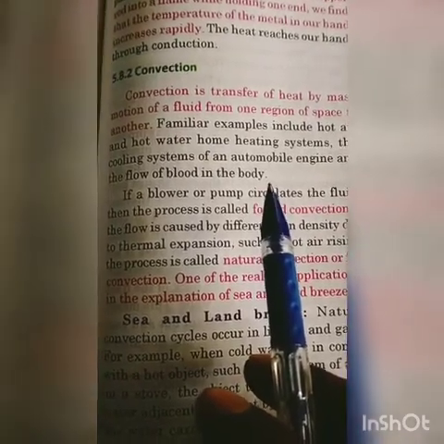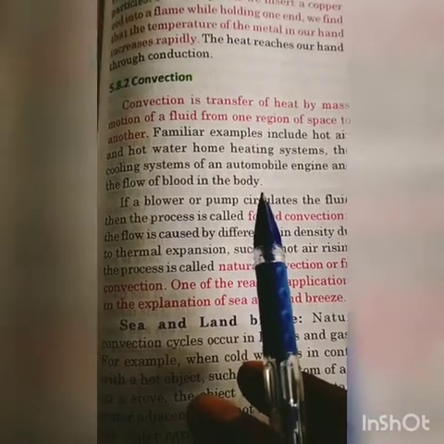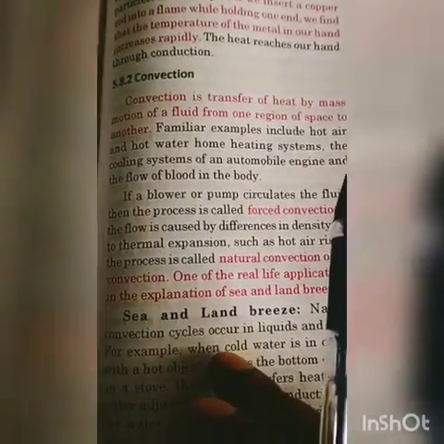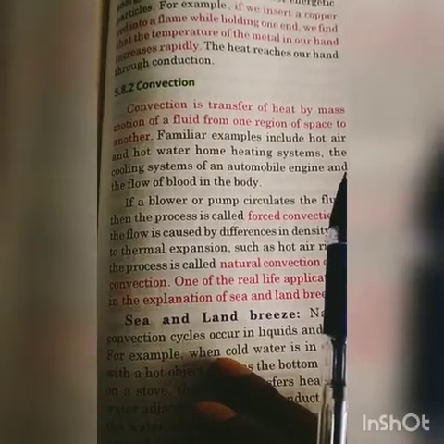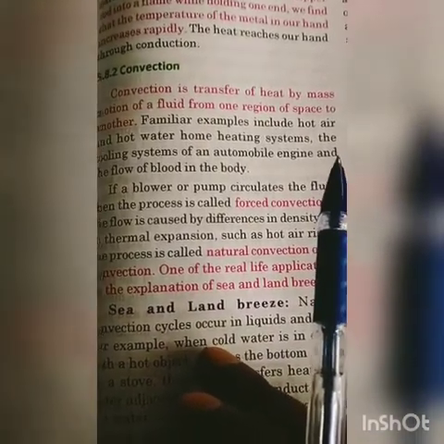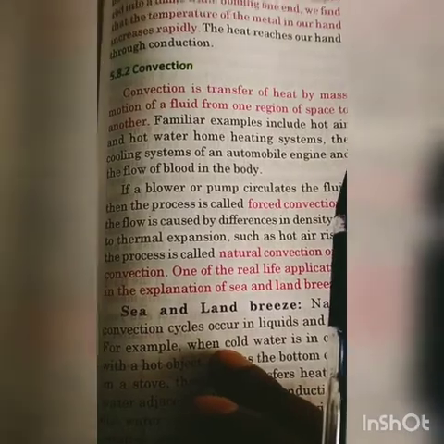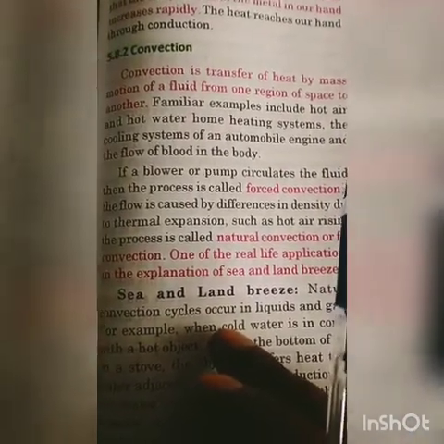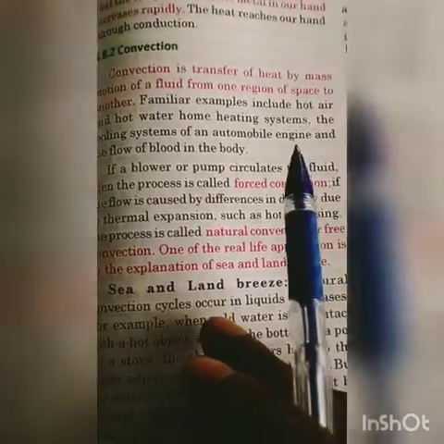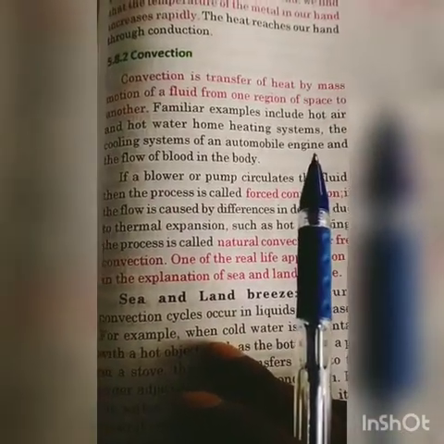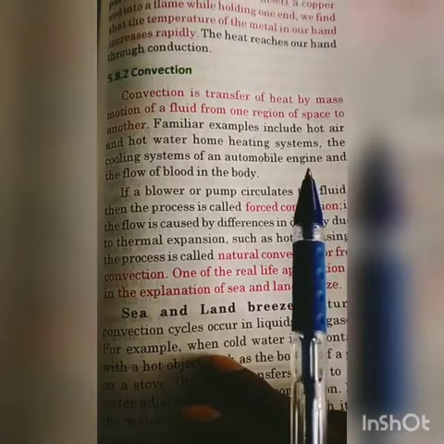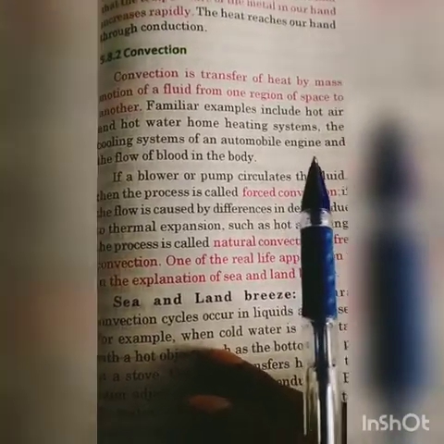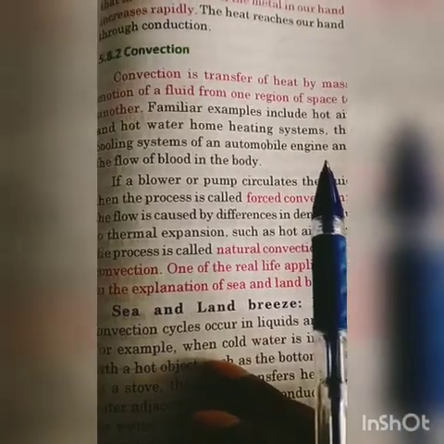When heated up, it expands. The molecules get energy and expand. The density becomes less because of the expansion, or because of the kinetic energy they have gained. The heat energy is converted into kinetic energy, and that's why the density becomes less, and they become lighter and move to the top.